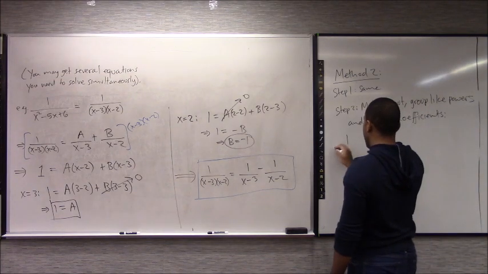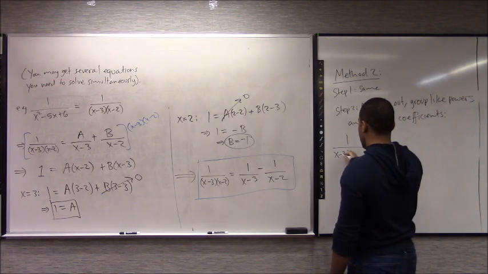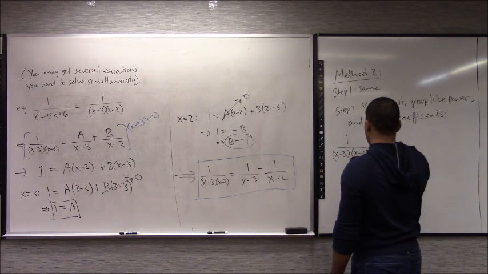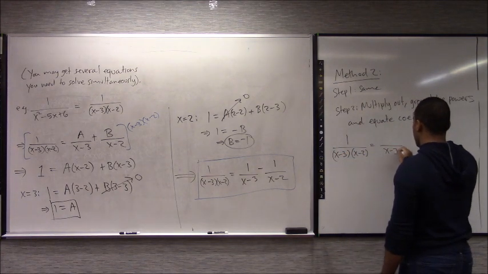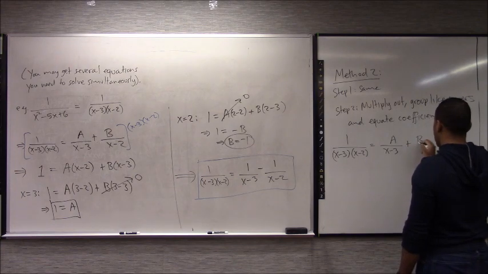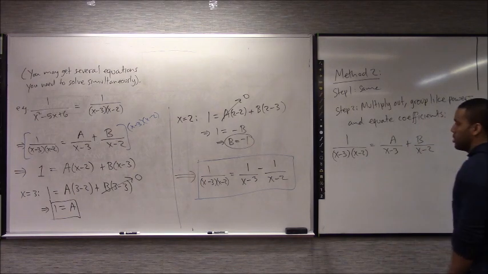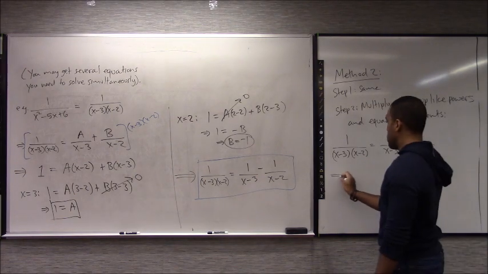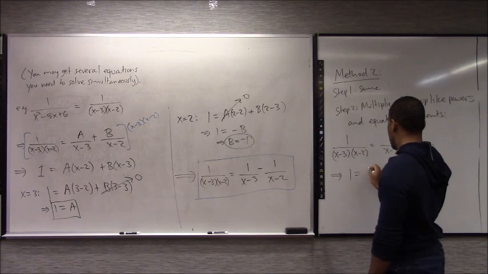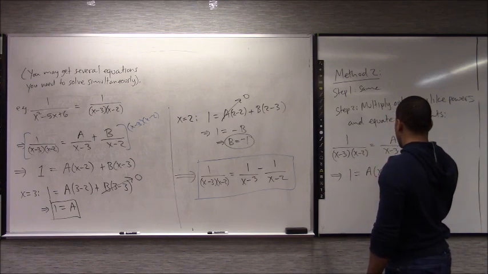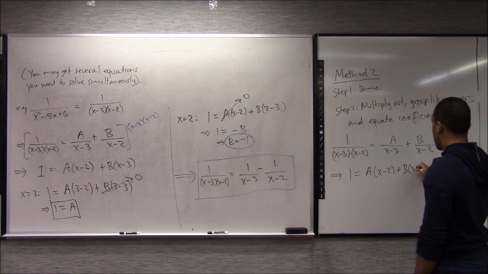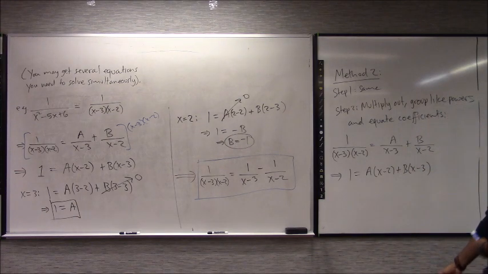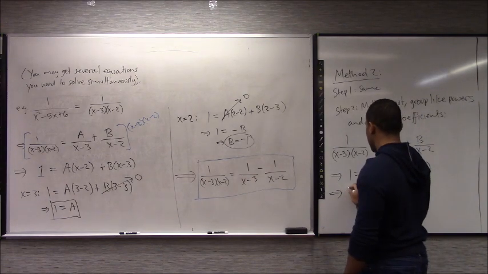So let's say I had that same thing again. This is going to be x minus 3, a on top of that, b on top of the x minus 2. I would multiply through by this denominator. Now what I would do, instead of plugging in convenient values, is just multiply out.